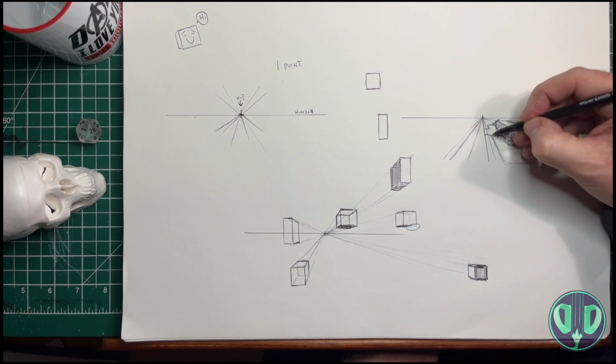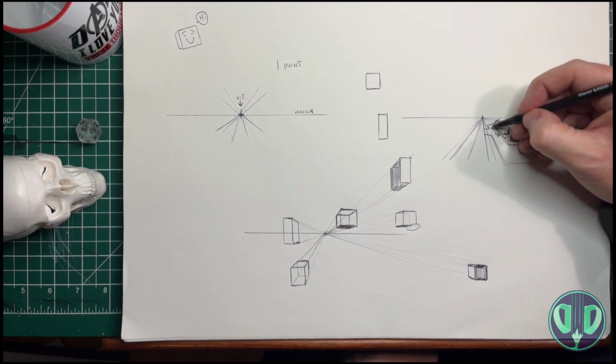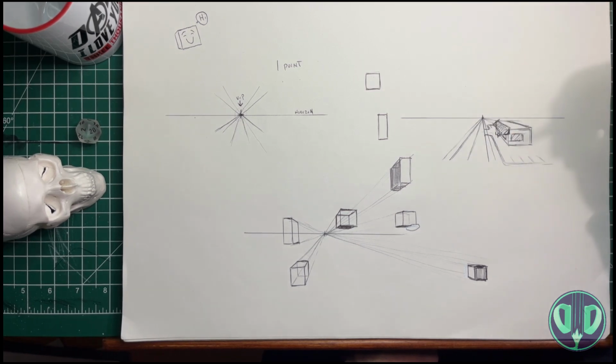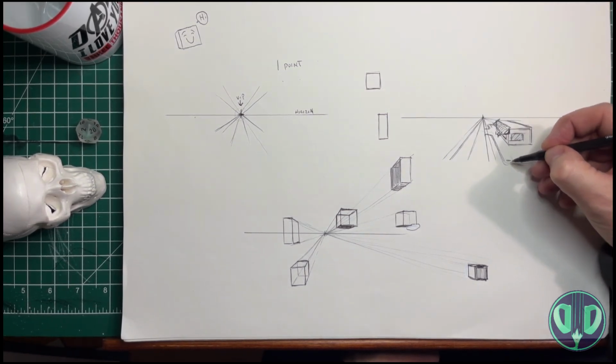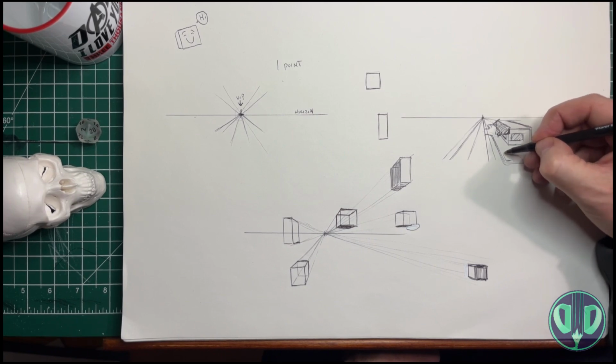So I'm going to put in some bollards because really you'd want to protect that. And then, all right. So last video, I think we also drew a car. So let's draw the square car we drew last time using perspective instead of eyeballing it. Right, we drew a cube.